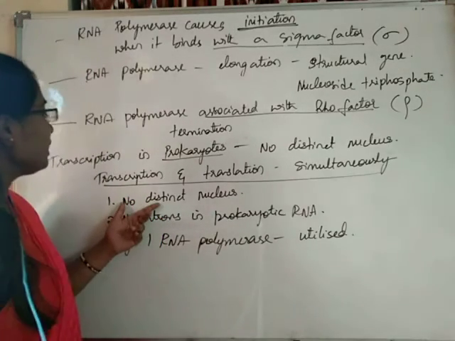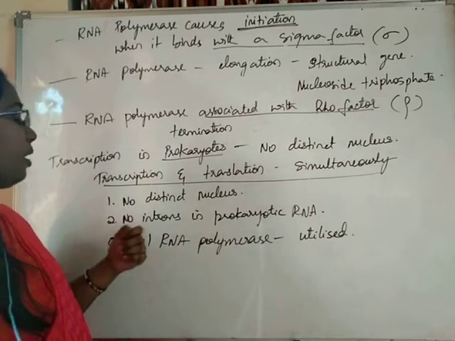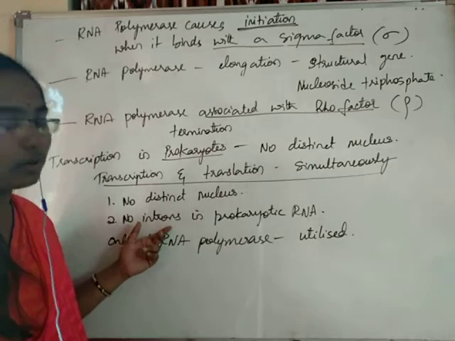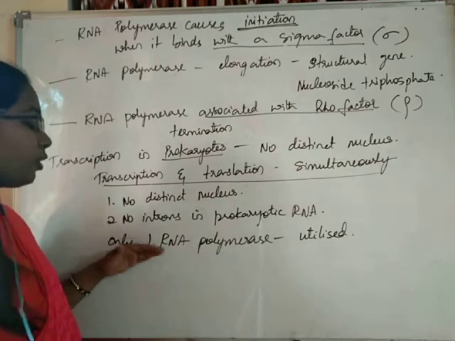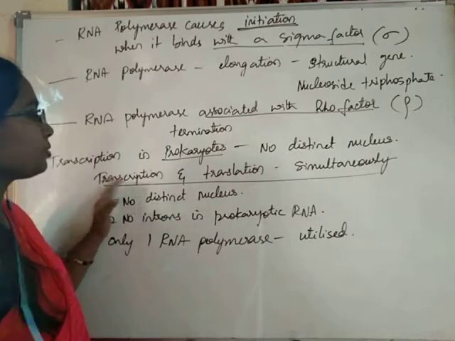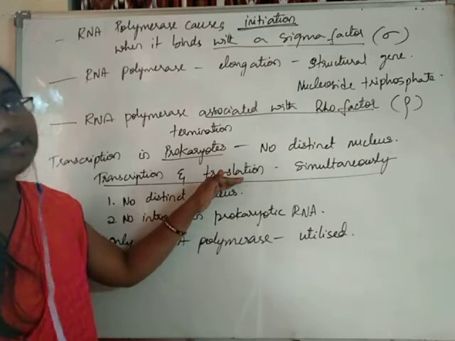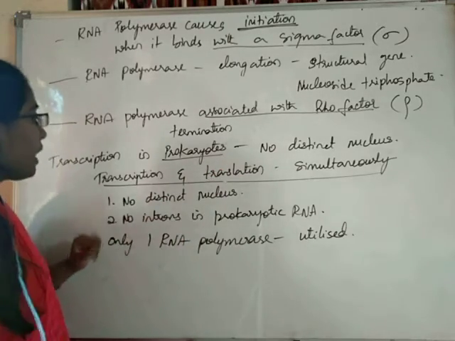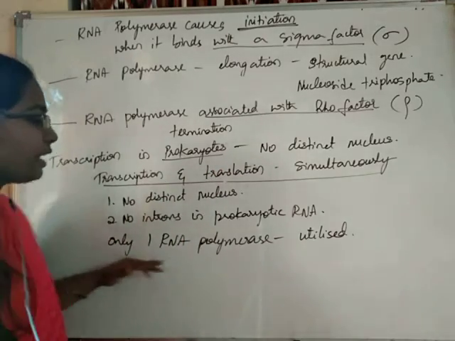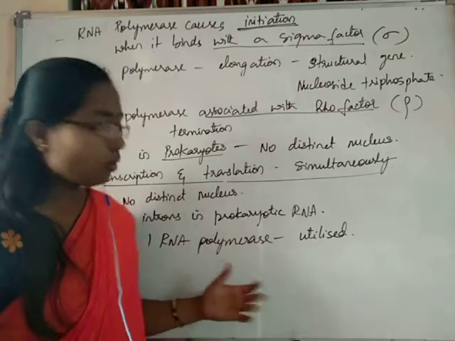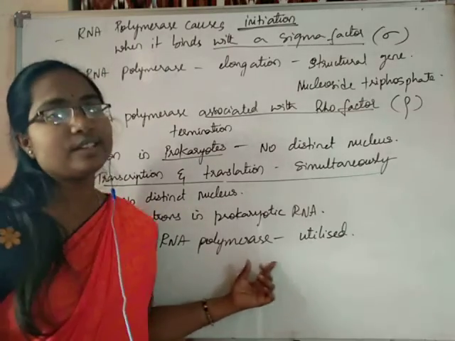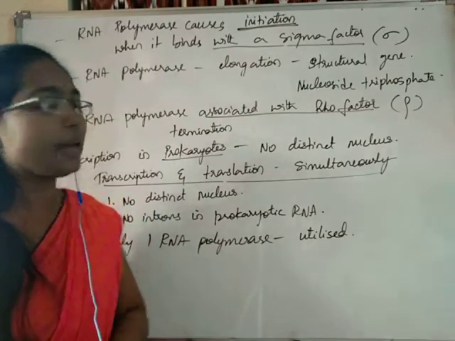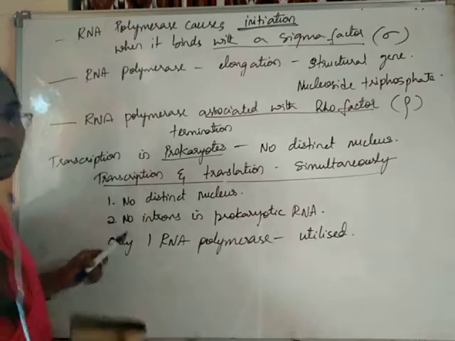Because there is no distinct nucleus in prokaryotes, and because there are no introns in the prokaryotic RNA. And in prokaryotes, only one RNA polymerase is utilized. So this is all about transcription in prokaryotes.